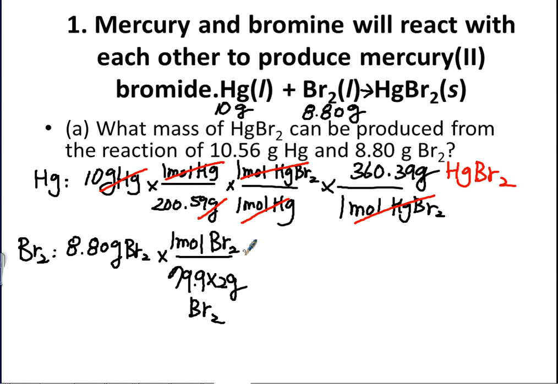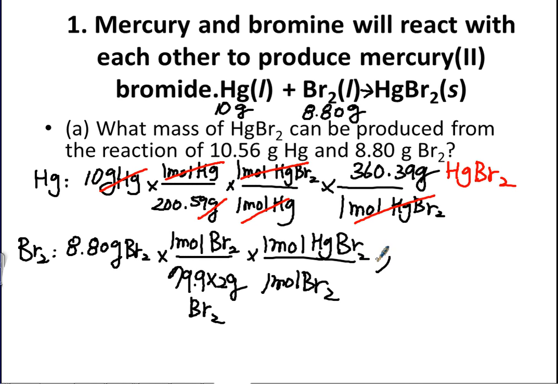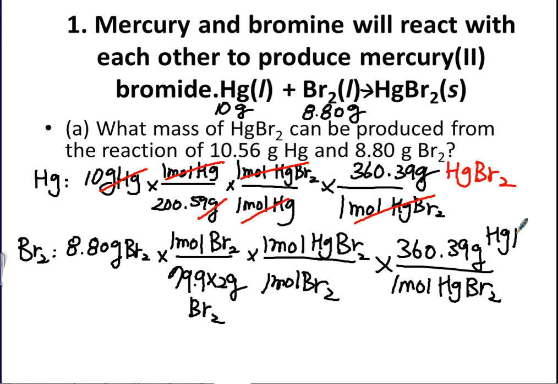Molar ratio is 1 to 1, so for every 1 mole of Br2, I have 1 mole of HgBr2. The mass stays the same for HgBr2, so for every 1 mole of HgBr2, I have 360.39 grams of HgBr2. Let's cancel out the units. Grams of Br2 cancel, moles of Br2 cancel, moles of HgBr2 cancel, and you're left with grams of HgBr2, which is what you want.